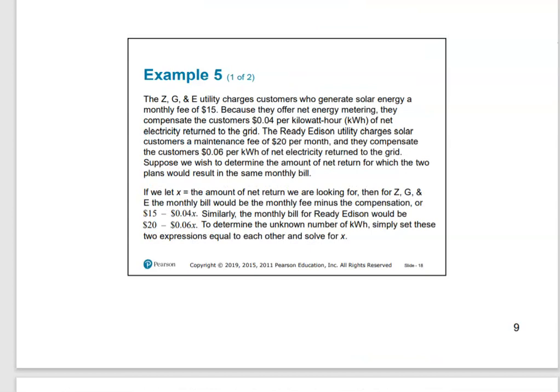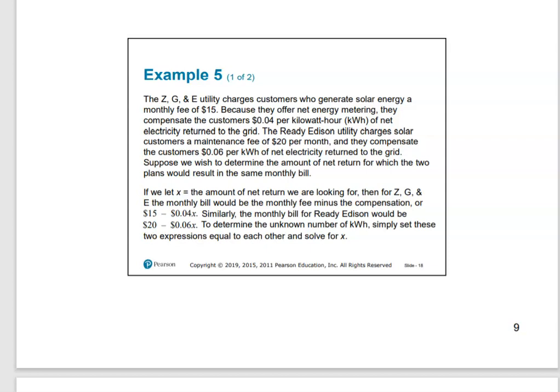So this says that the ZG&E utility charges customers who generate solar energy a monthly fee of $15. Because they offer net energy metering, they compensate the customers 4 cents per kilowatt hour of net electricity returned to the grid.